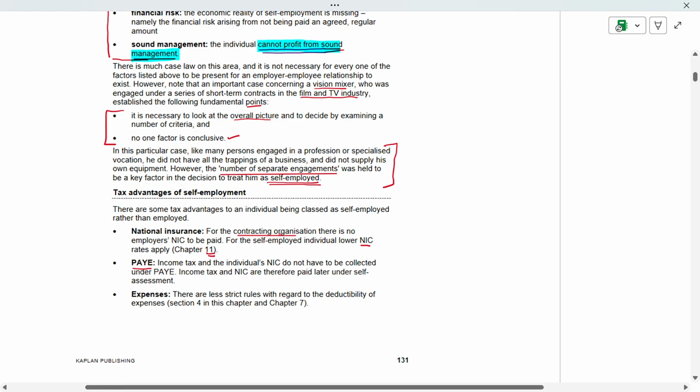Income tax and the individual NIC do not have to be collected under PAYE. Read this once again: income tax and the individual NIC do not have to be collected under PAYE. We cannot collect it under PAYE. Income tax and NIC are therefore paid later under self-assessment.